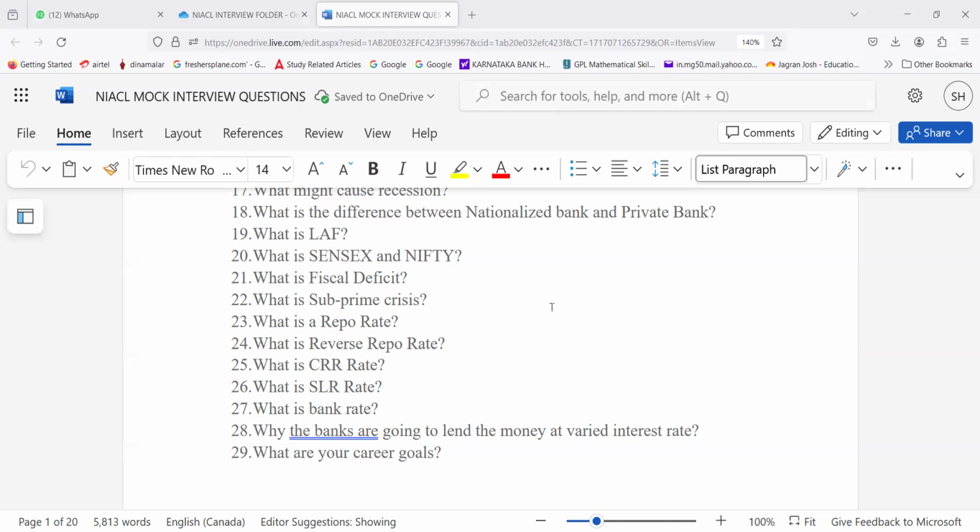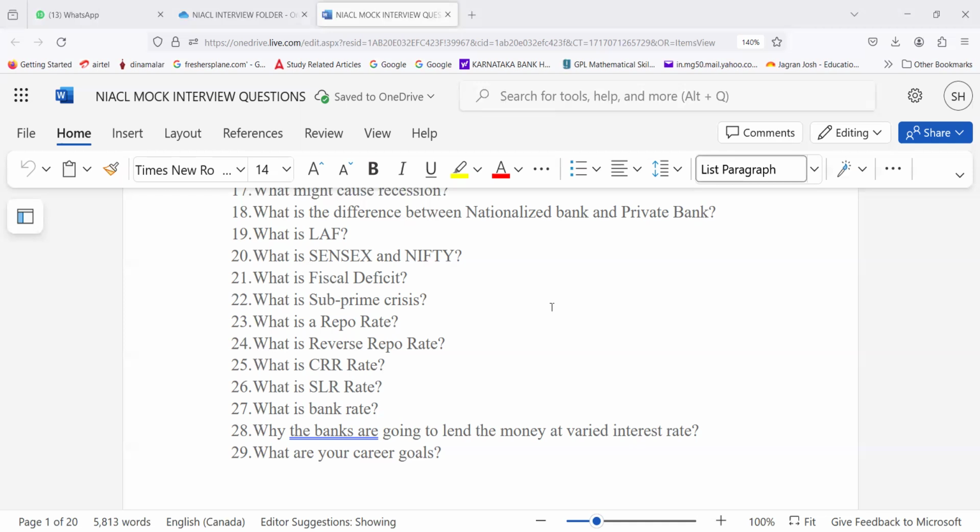Because of that NPA, banks had to sell the properties. When the properties were sold, the price of the properties came down. A person who has taken, say, 10 lakh loan from the bank, giving a property security of 20 lakhs or so, the value of the property came down heavily to 5 lakhs, 6 lakhs. So that was the crisis, subprime crisis.